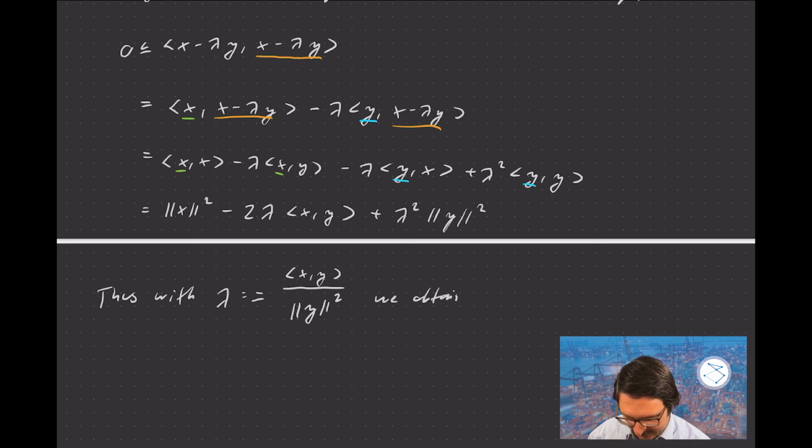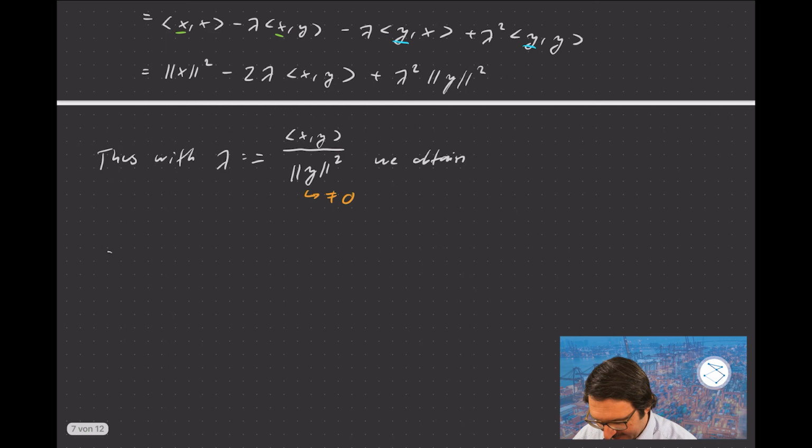And remember, we can do that because this is by our assumption not 0. That's why we had to do the first case, y equals 0, first. Okay, we obtain the following.